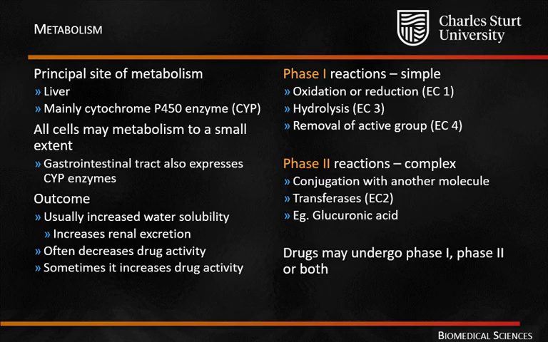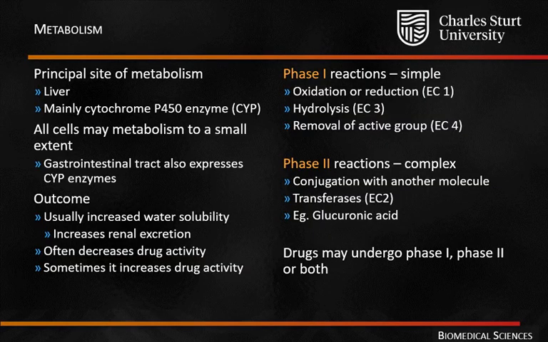Now, there are a couple of different phases of metabolism, and really it's the separation of two different types of reactions. It's not that one has to occur before the other. They can occur independently of each other, or both of them may affect the drug during its metabolic pathway.